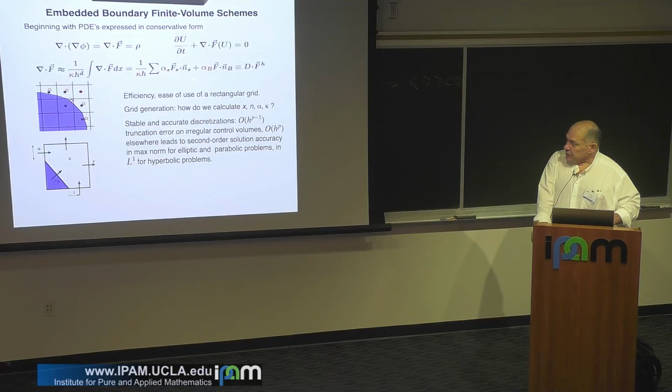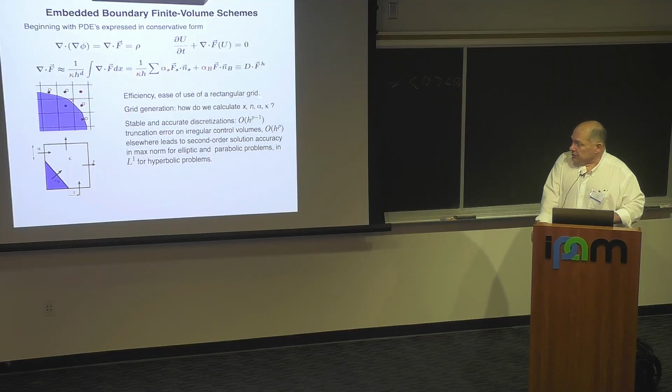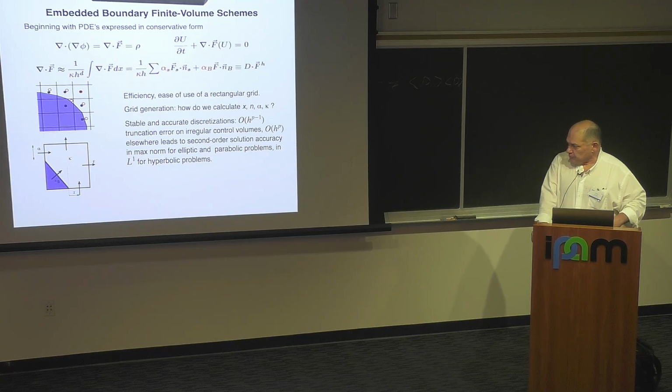I need to be able to compute the normal on the intersection of the boundary with the Cartesian cell. I need to compute the location of the centroid of the cell, x, the open red circles, and I need to compute the alphas: the alpha s's, the fractions of the faces that are exposed, and also a non-dimensionalized form of the length of this boundary in 2D.